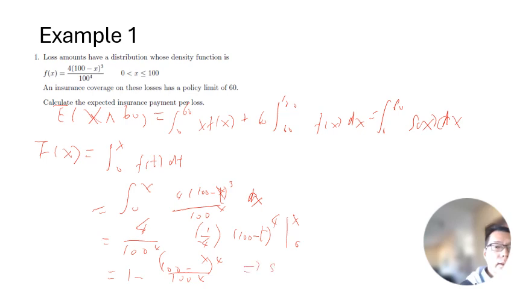Then S(x) is just 1 minus F(x), so it will be (100 minus x) over 100. With S(x) given, then you can calculate E[X ∧ 60].